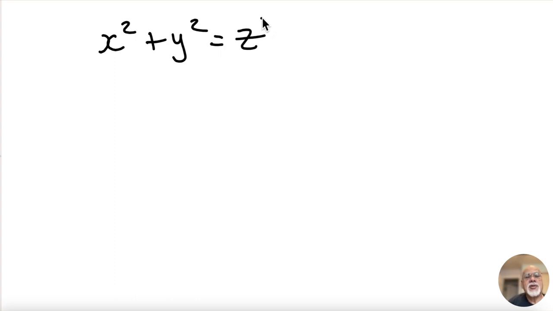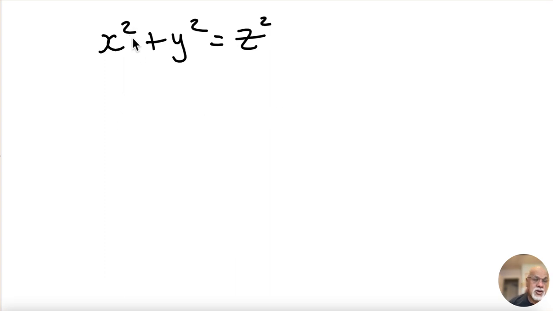Here's another thing that might interest you. I'm sure you've learned that x squared plus y squared is equal to z squared. This is well known. This is just the Pythagorean identity. And there was a long-term problem that was stated that had remained unsolved for over 400 odd years.